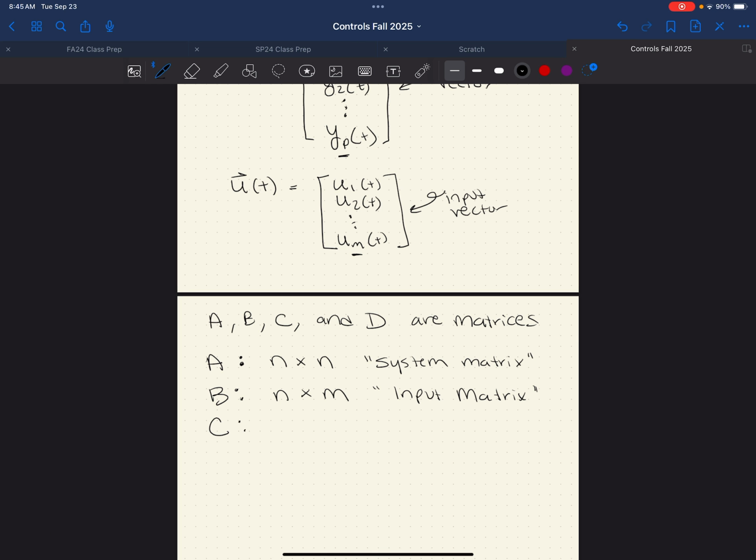C is a p by n output matrix. And D here is our p by m feedforward matrix.